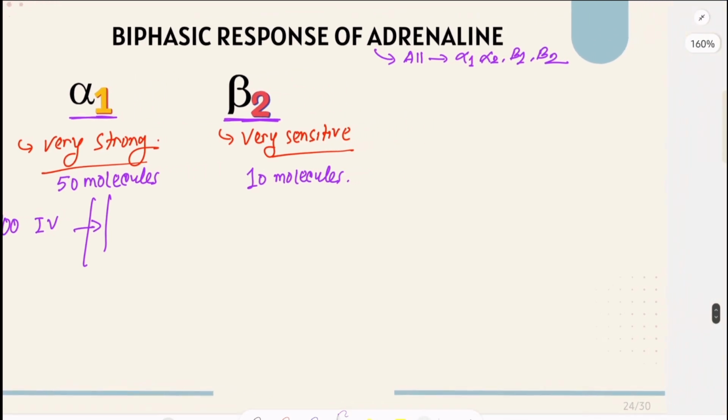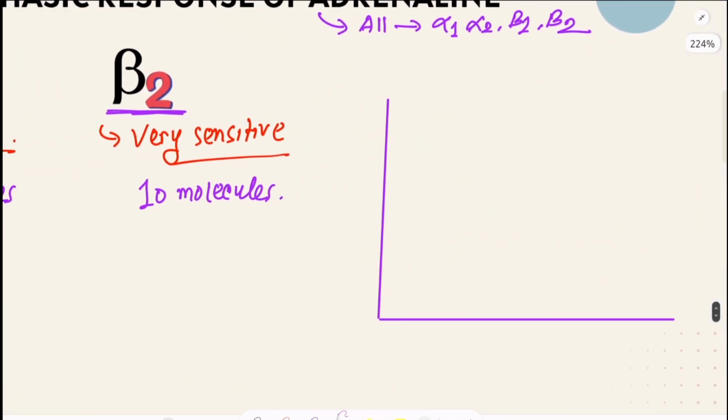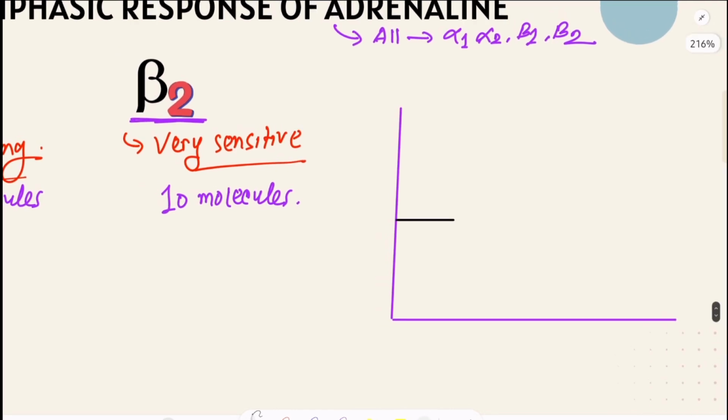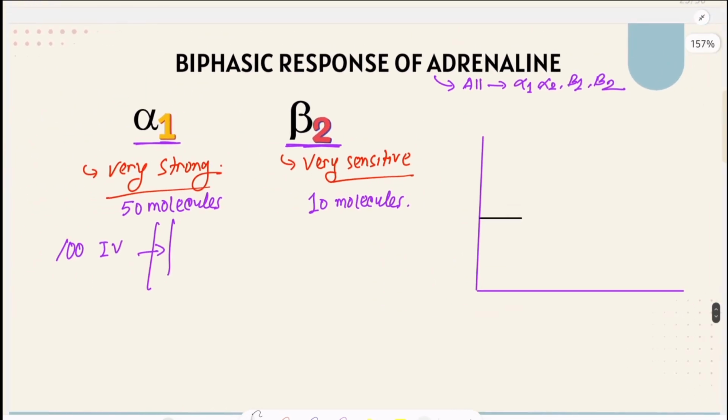Now, we will see the graphical presentation. Suppose this is our normal blood pressure and we are administering 100 molecules of adrenaline. So what will happen is that it will act on the alpha 1 receptor, but simultaneously it will also act on the beta 2 receptor.